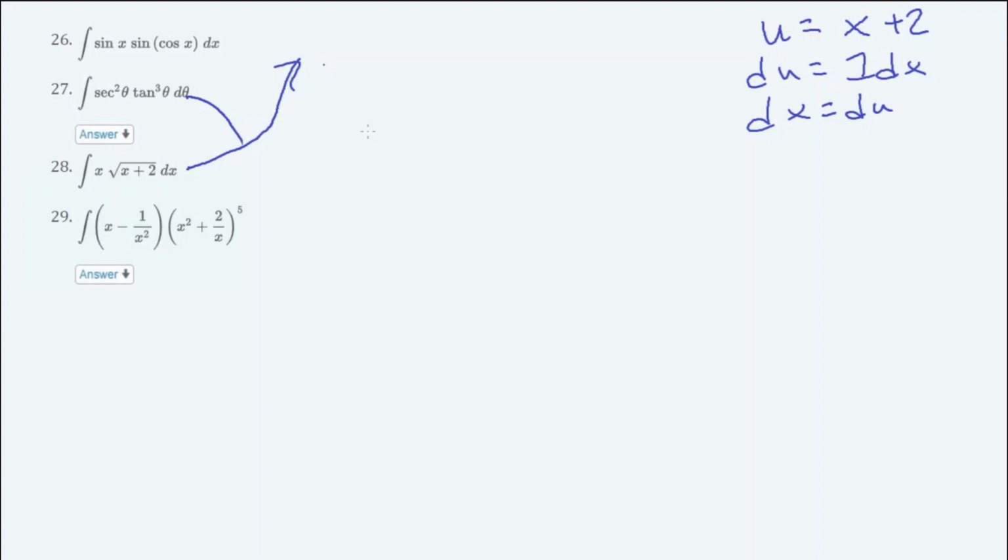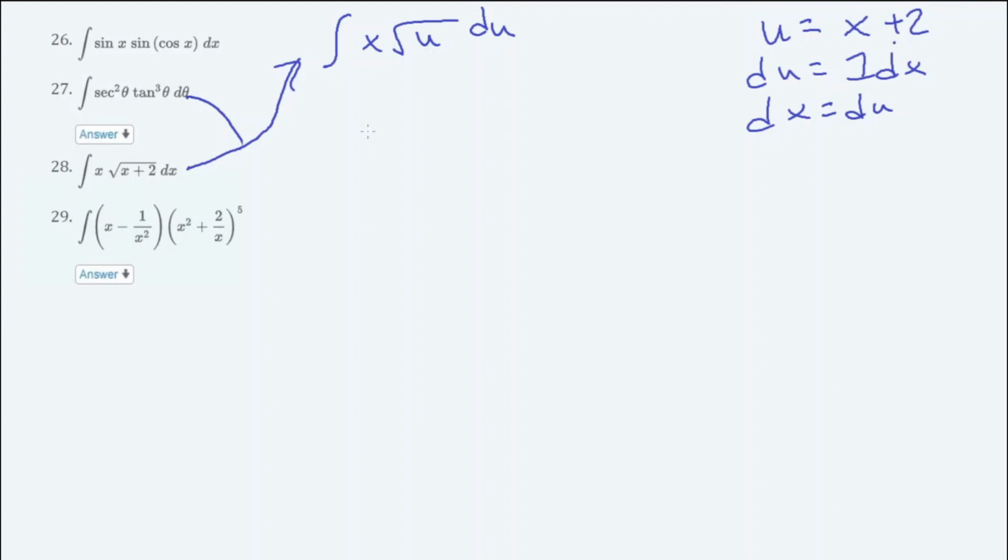So if we plug it in, we're going to have the integral of x times square root of u du. We have an x value here, and you could see that we can't exactly get rid of it. What could we do to replace the x with something in terms of u? You could see that we have u is equal to x plus 2 over here. What if we solve for x?